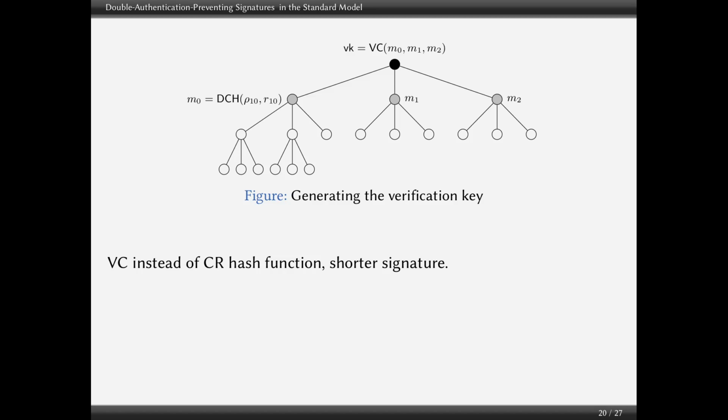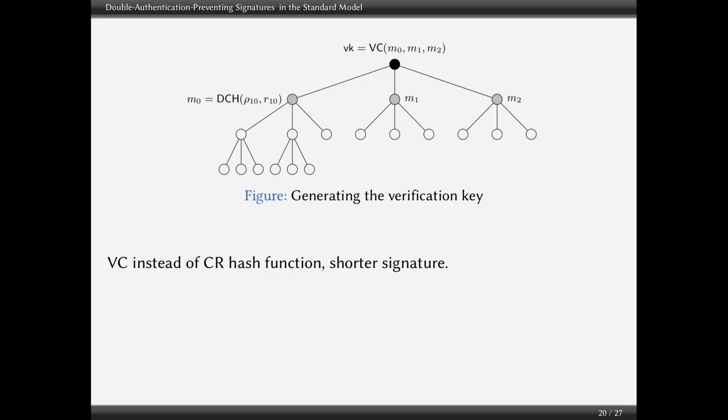Because to make the verification possible, you have to add the value of the children to the signature. Here instead we are using vector commitment, where we know that the commitment and opening do not depend on the length of the vector, which is the arity of the tree here. What I want you to remember from this slide is that the vector commitment is there for the sake of efficiency, while it is still possible to use a collision resistant hash function.